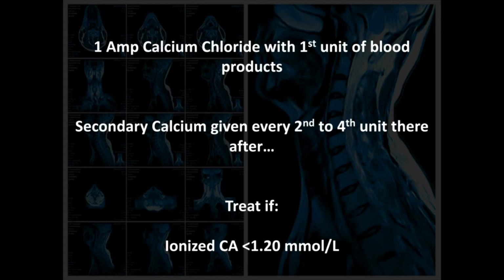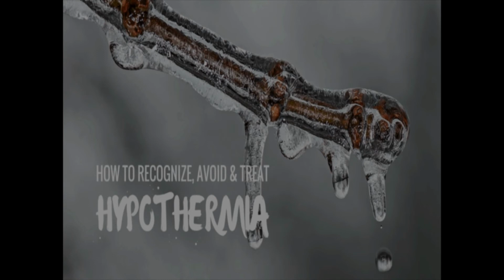If you have the ability to do point-of-care testing at the bedside, do you have an iStat with you that you can do these ionized calcium tests? The treatment should be to maintain ionized calcium levels greater than 1.20. So anytime it drops below 1.20 millimoles per liter, you need to be treating with more calcium. Again, 1 amp of calcium chloride is equal to 3 amps of calcium gluconate.